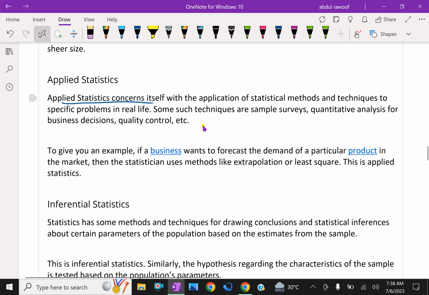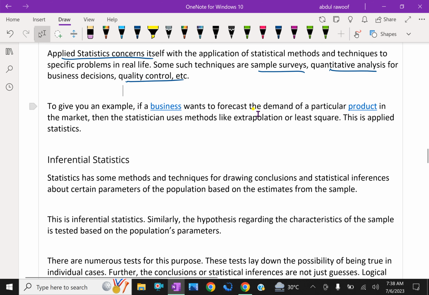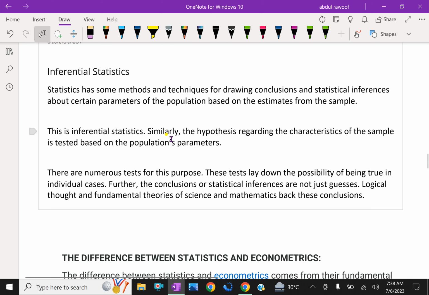Some such techniques are sampling surveys, quantitative analysis for business decisions, quality control, etc. To give an example, if a business wants to forecast the demand of a particular product in the market, then the statistician uses methods like extrapolation or least squares. This is applied statistics.